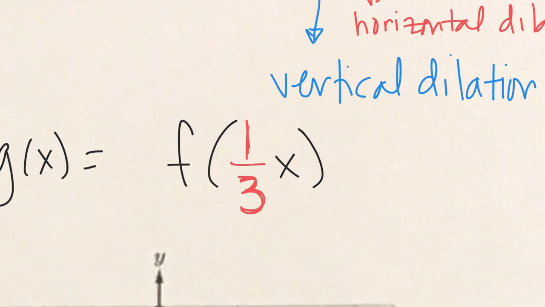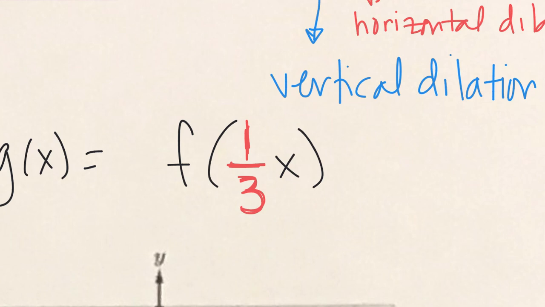It says a factor of 3, so like we saw in the notes before, we write the reciprocal of that inside of our parentheses. So if we have a 1/3 in front of x, that is a horizontal dilation by a factor of 3. Parentheses always lie. So that's division by 3 is what we write when it's truly multiplication by 3.